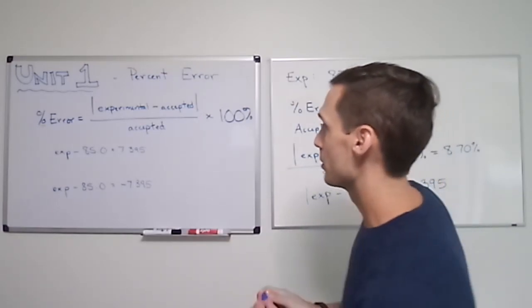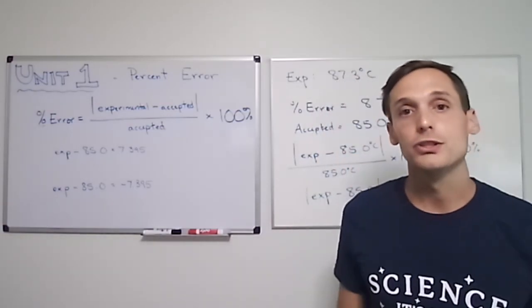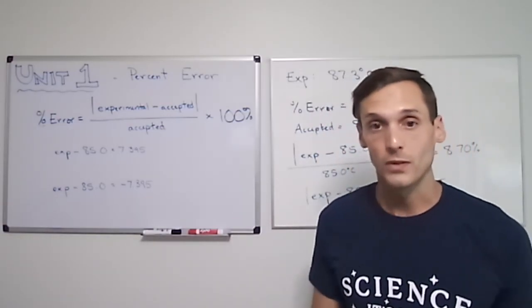So you would just add 85 to both sides and you would get your 2 possible measurements. All right, that's it.